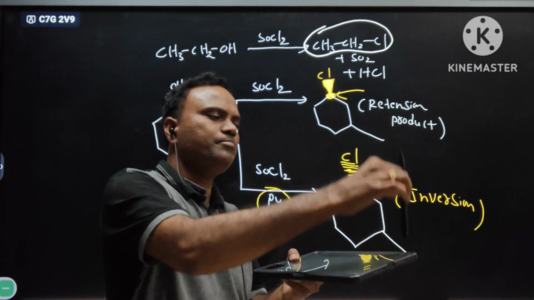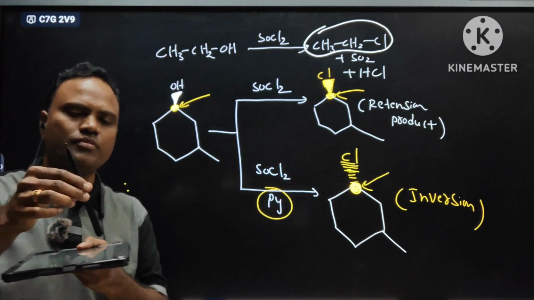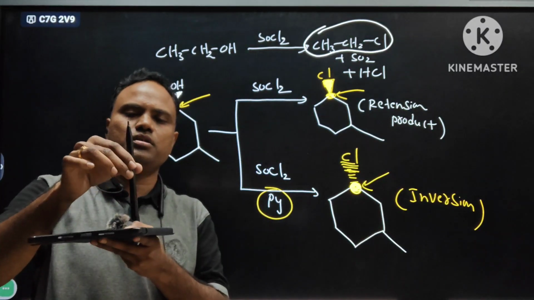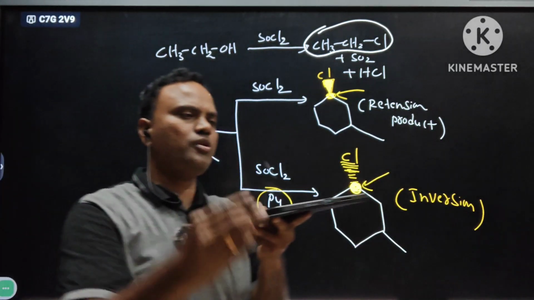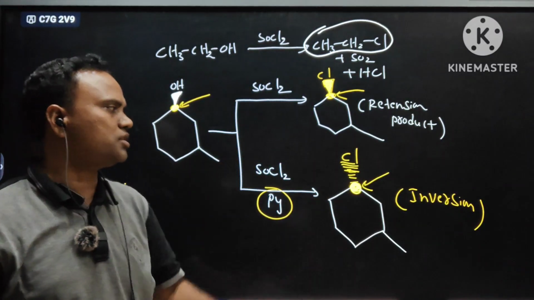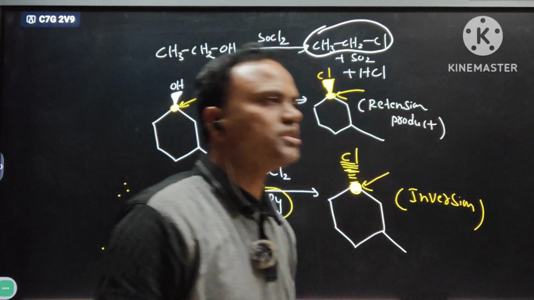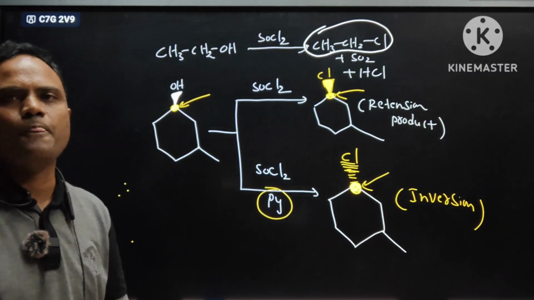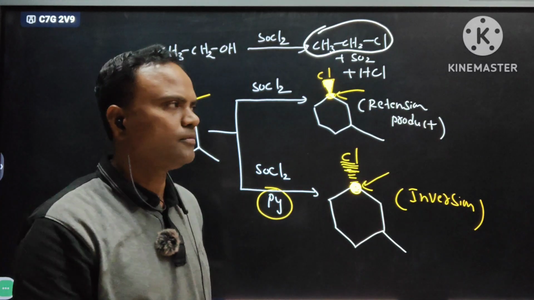Instead of that, in the reactant, if OH is above, in the product, Cl is above. Both are the same. That is retention. In the other case, in the reactant, OH is above and in the product, Cl is below. Both are opposite. That is called inversion. Inversion means a change in the configuration. In stereochemistry, you have RS nomenclature.